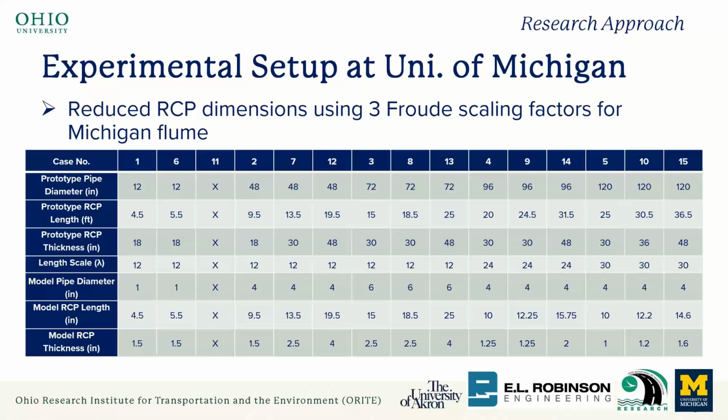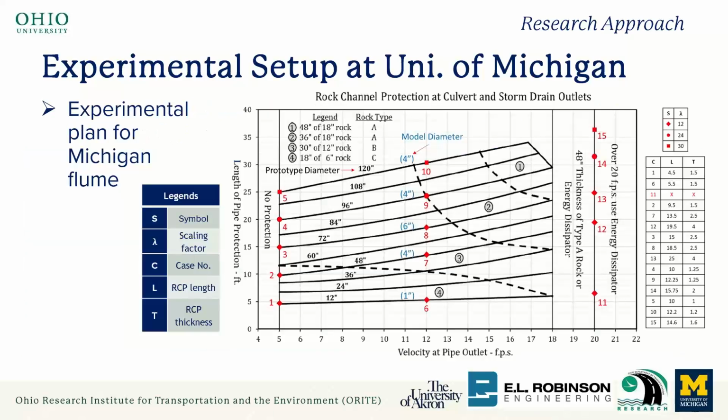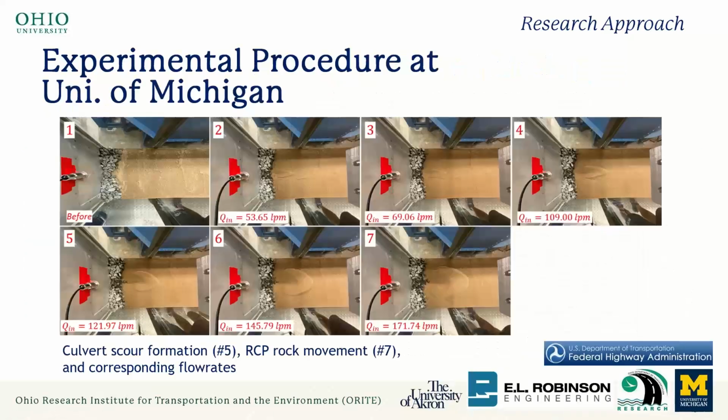You get those velocities V1, V2, V3. So a similar approach. The concept is similar from both sides. So this is the top camera. So they have different, and then once you see the geofabric underneath, that means the scour has developed, and also the movement of rocks, right?